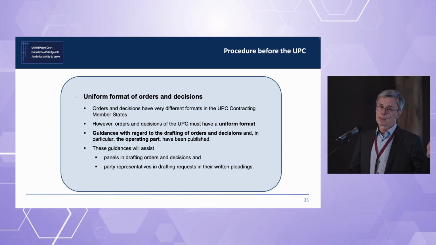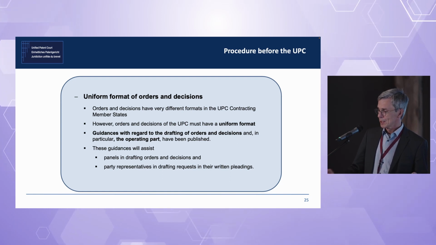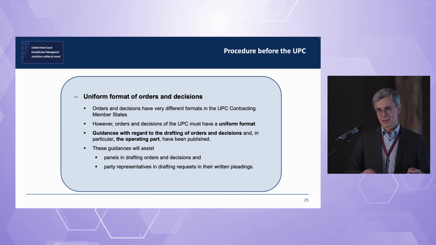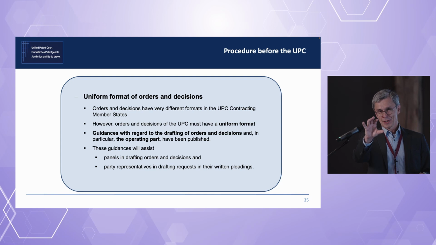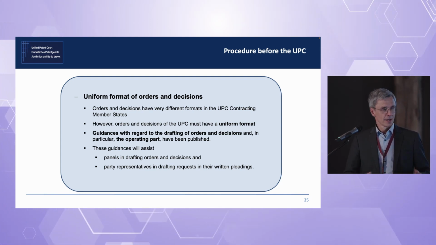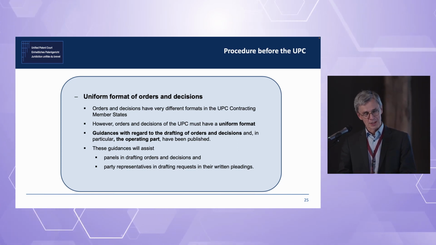Now, when you look at judgments from France, you see the reasoning, and then you see the operative part, so the final order. When you look at judgment from Germany, you see the operative part at the beginning, and then you see the reasons.